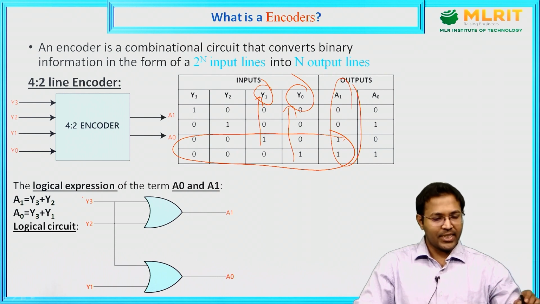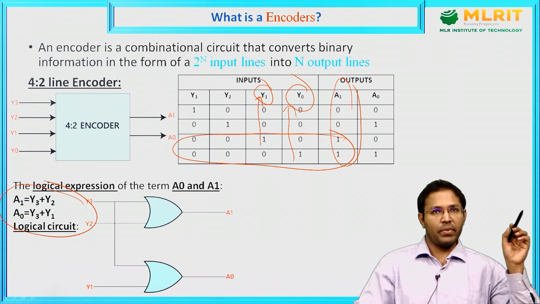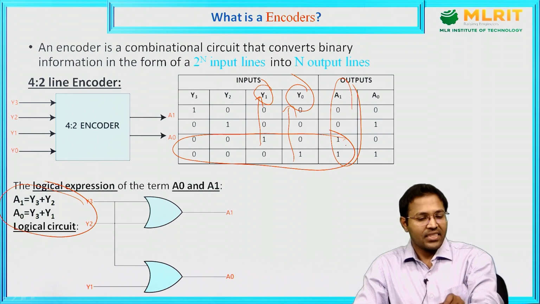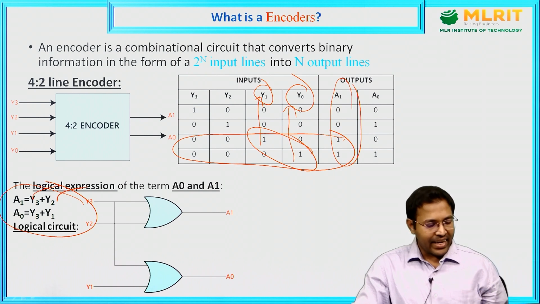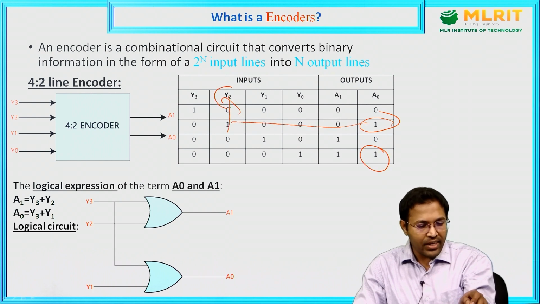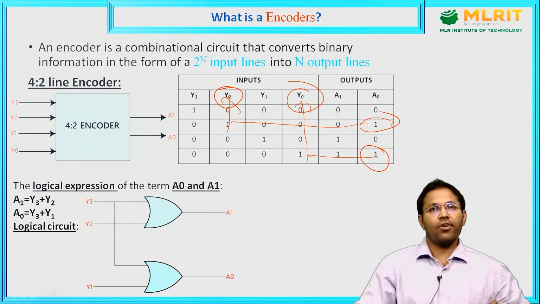It can be expressed as these situations that are mentioned here. In this case A1 has 2 values, so 2 expressions. Likewise for A0, if you see where all you have 1s, you have a 1 here and then you have another 1 here. So this is another expression for A0 that we can have.